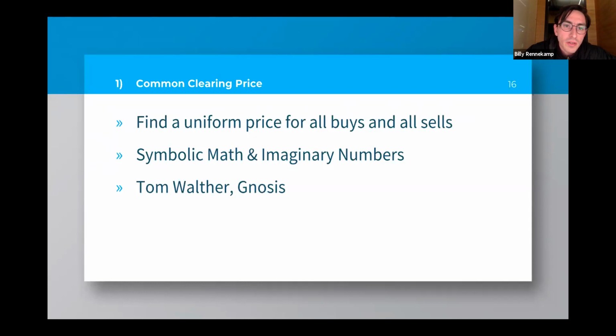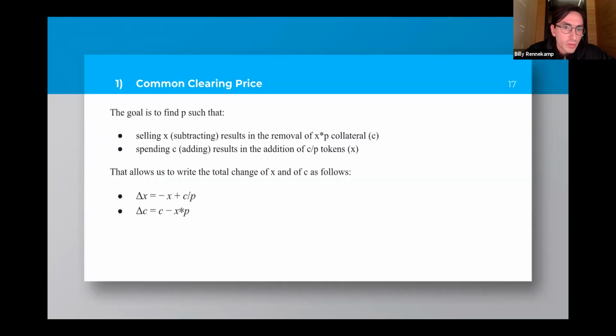This is kind of the goal, like I said before. If you could imagine a batch transaction taking place, you would collect all of the buys and all the sells, and in a way you would want to find a common price for all of them based on the combo of all that interest. And so finding that method, I guess I can walk through a little bit. The goal is that you want to find some common P, right?